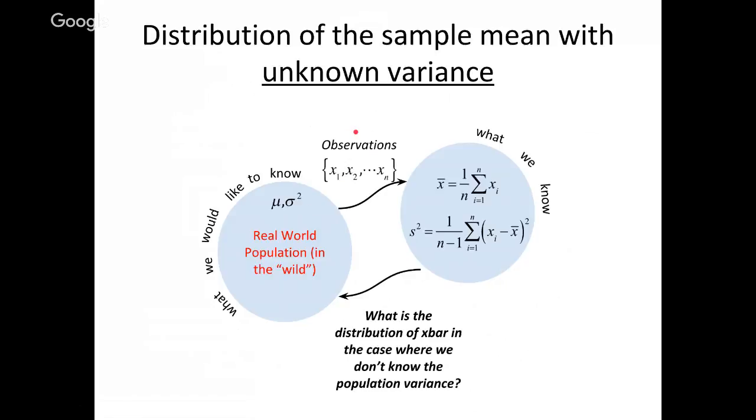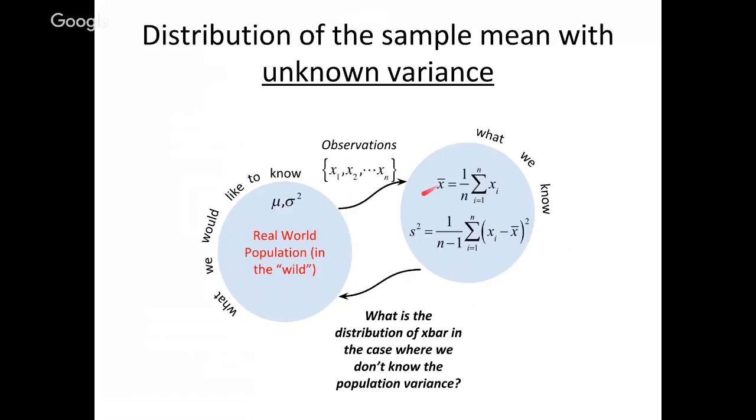Now that we know how our sample variance is distributed, we can ask: in the case where we do not know the population variance, how is the mean distributed? Previously we showed that our sample mean was distributed as a normal distribution in the situation where we knew the population variance. But in the case where we don't know it, we still need to determine how the sample mean is going to be distributed.